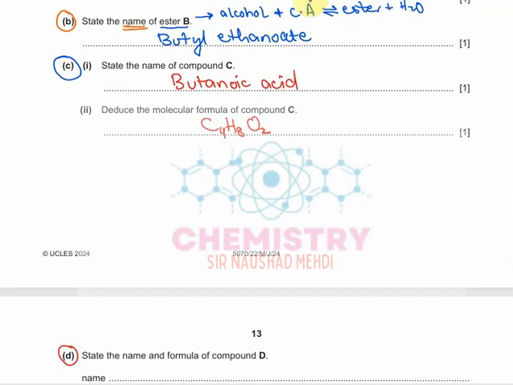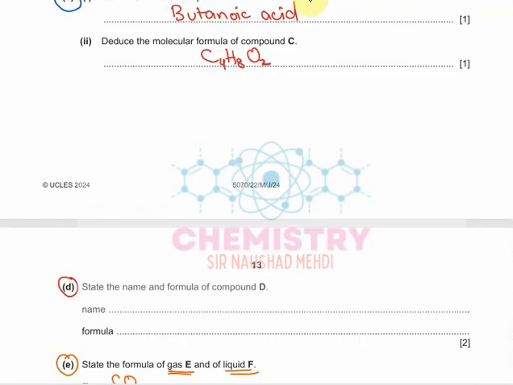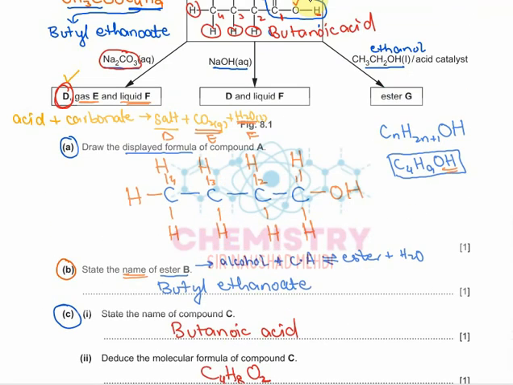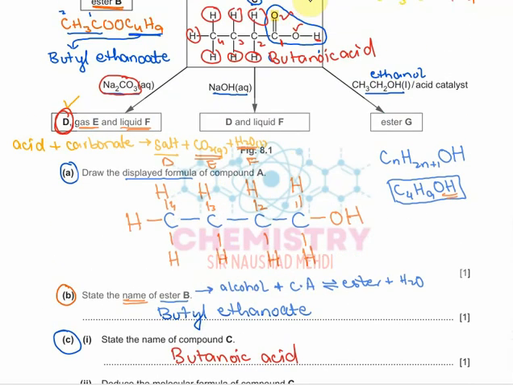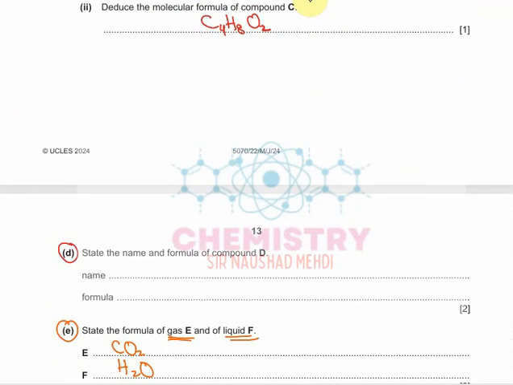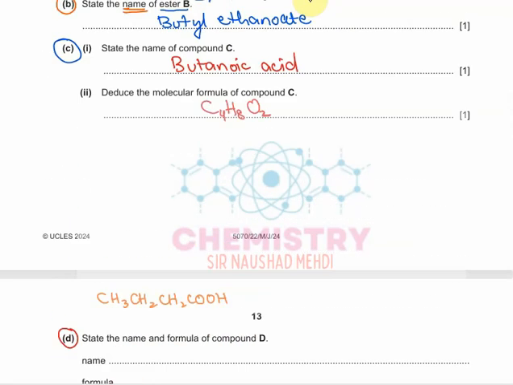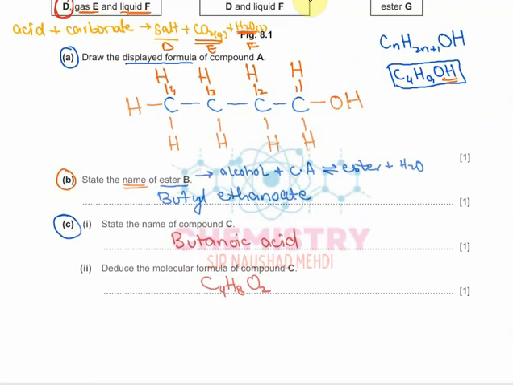Now coming back to part D, they are asking you to state the name and the formula of compound D. For compound D, you are reacting butanoic acid with Na2CO3. Butanoic acid is CH3, CH2, CH2, COOH. I have written this formula in condensed form.